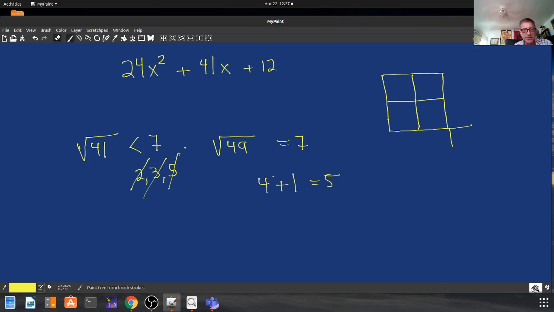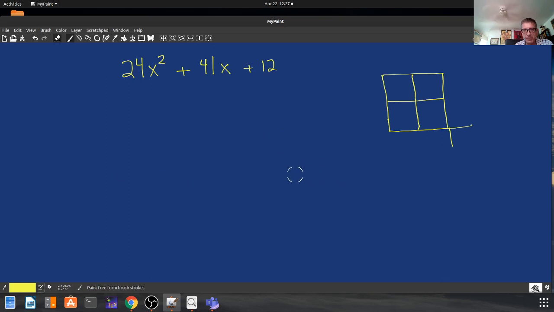So you don't have to do that, but I did it. Knowing that 41 is prime isn't going to be too helpful because 41 is our middle term, so it doesn't help at all.